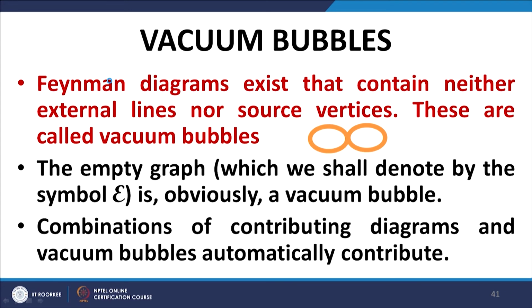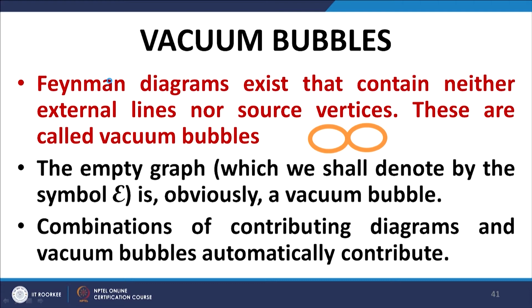Now, we come to the concept of vacuum bubbles. I mentioned earlier the concept of vacuum bubbles. The diagrams that contain neither external lines nor source vertices are called vacuum bubbles. Of course, the empty graph is also a vacuum bubble.